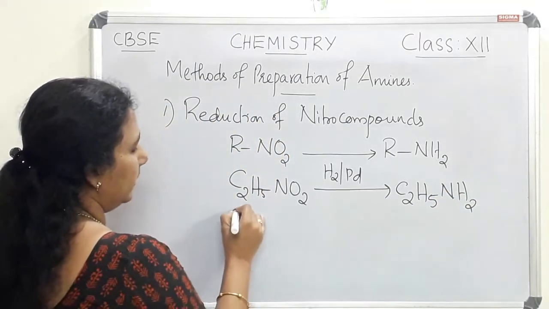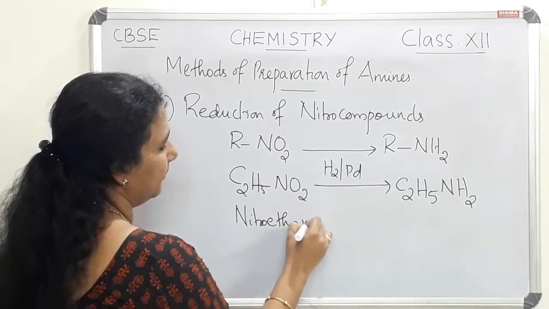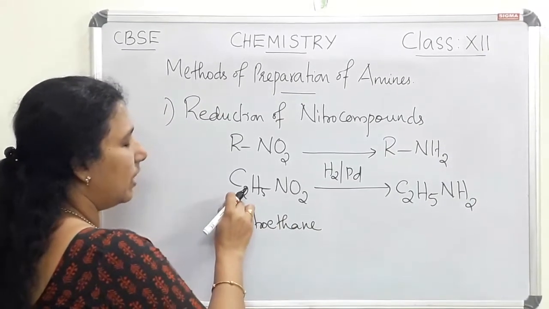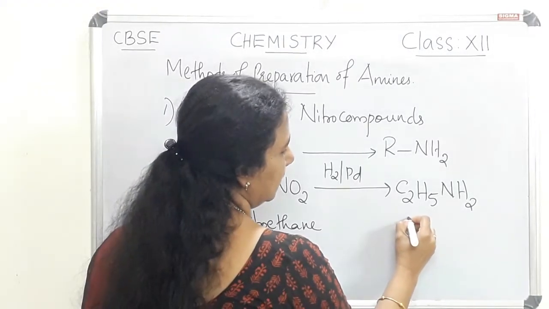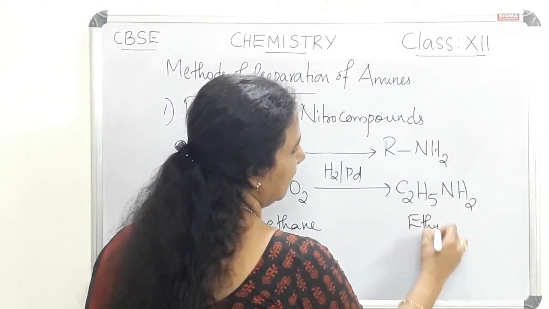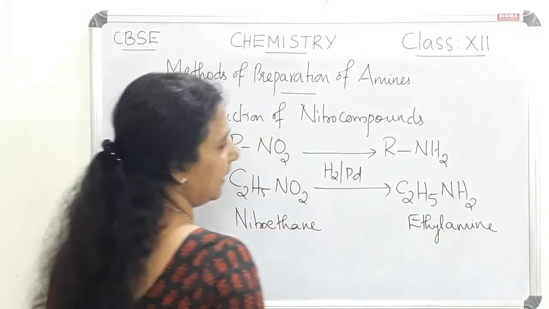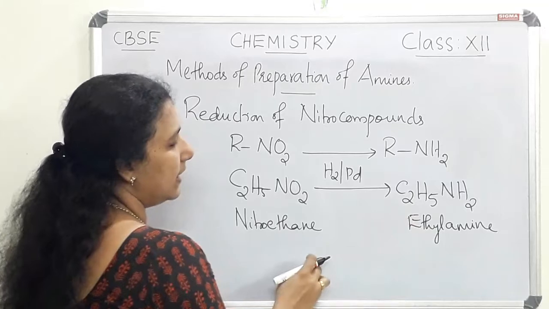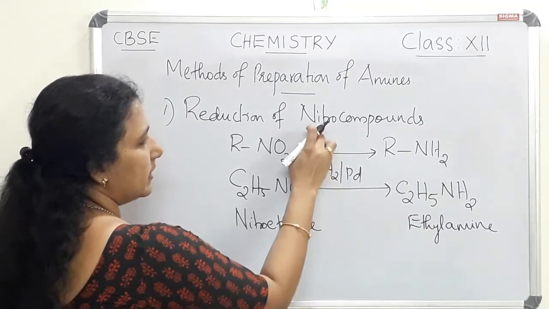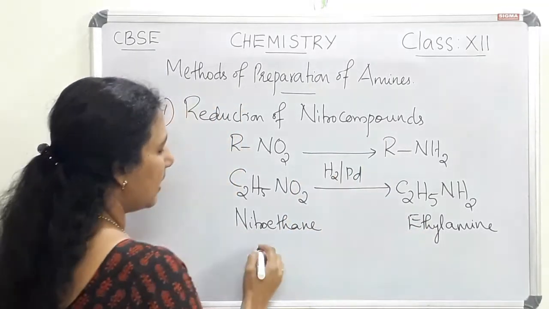This is called nitroethane since it contains two carbon atoms. Here also we will get ethylamine, which contains two carbon atoms. So the corresponding amine is formed. This reaction is actually a reduction reaction of nitro compound to produce amine.